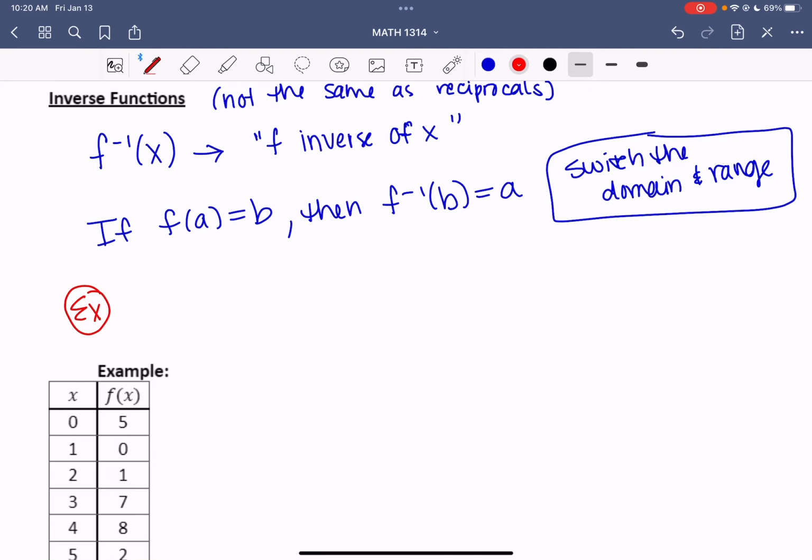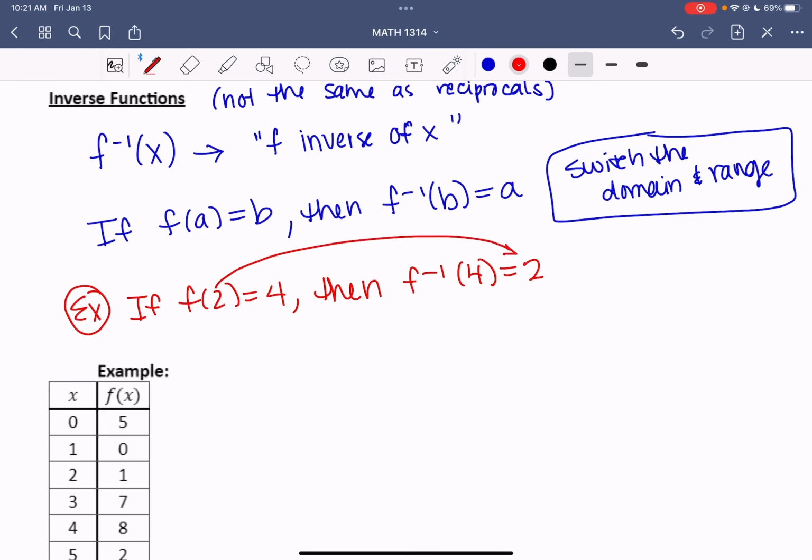In a very simple example, if you had f of 2 equal to 4, and you wanted to find the inverse, that means the inverse of 4 would be equal to 2. So you can see 2 was the x, but now it's become the y. 4 was the y, and now it's become the x when we move into the inverse.